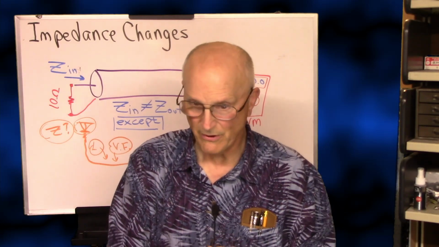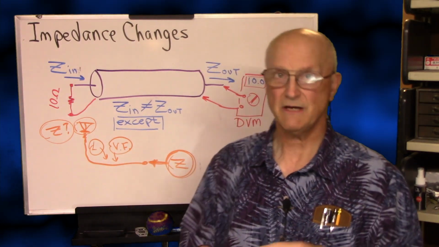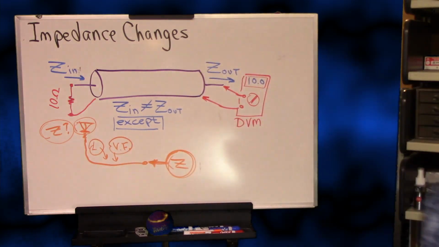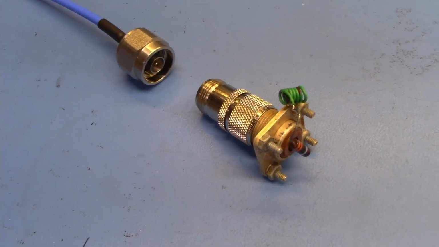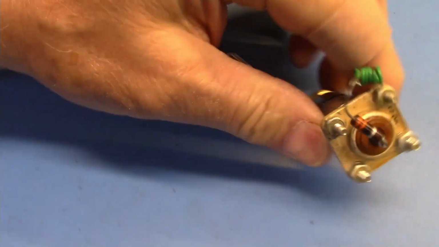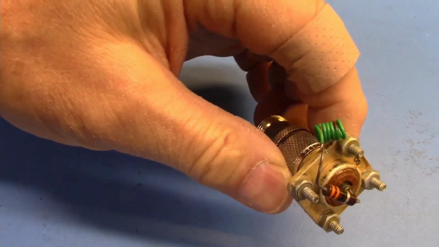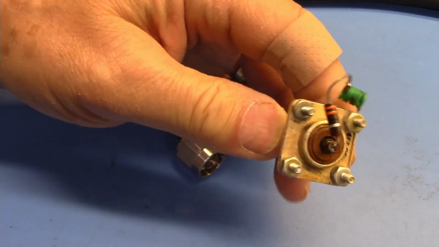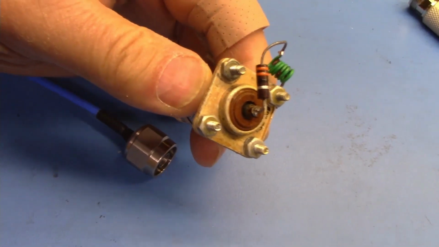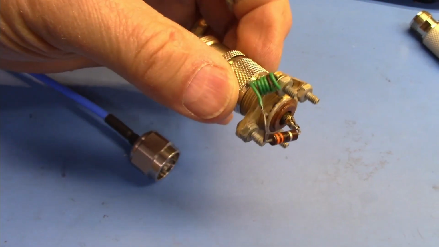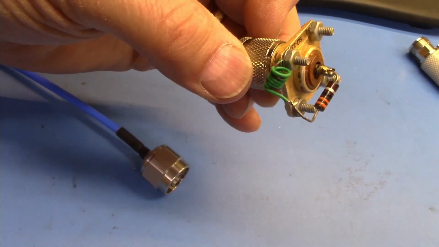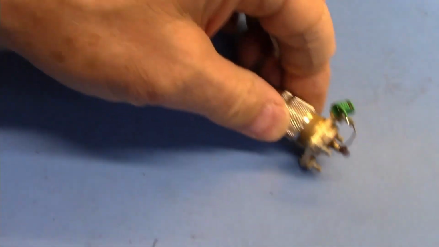Now, let me show you a quick demonstration of this using my purposely poor load. All right, I'd like to introduce you to my not so wonderful load, specifically made so that it would be a mismatch. That is a 33 ohm carbon composition resistor in series with some kind of coil I just wound up.